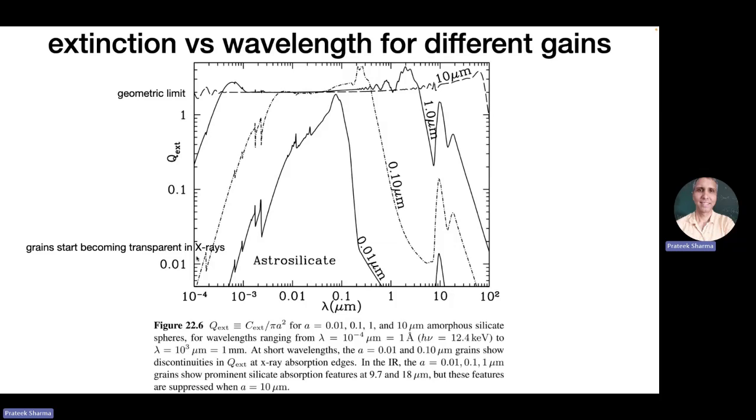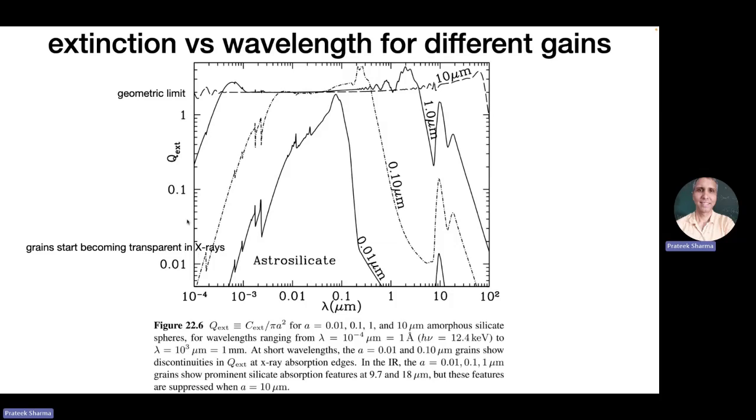It's only at very grazing incidence that X-rays are reflected. So in X-rays, normal matter like these dielectric grains behave in a very different way compared to larger lambda.